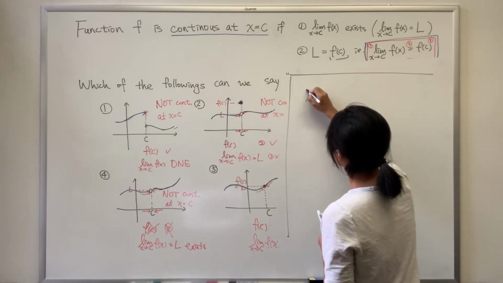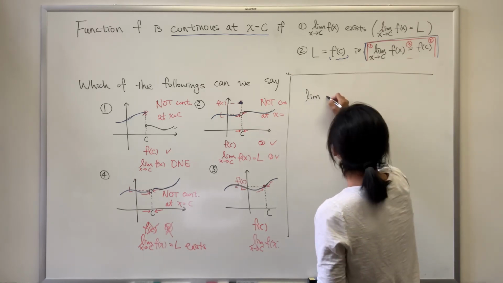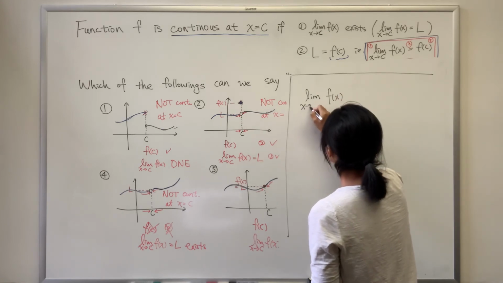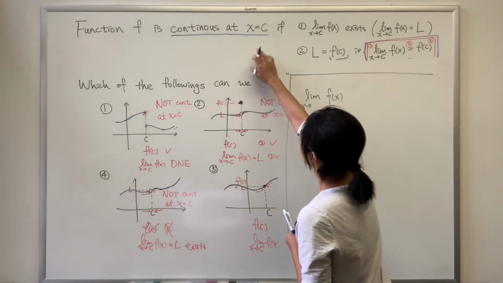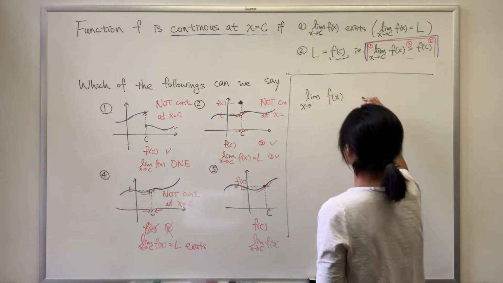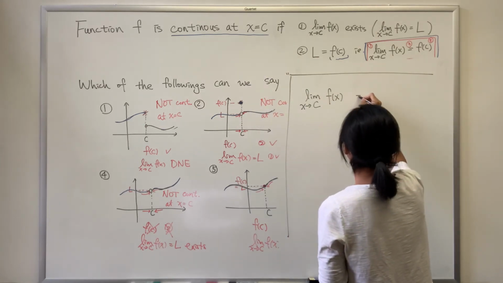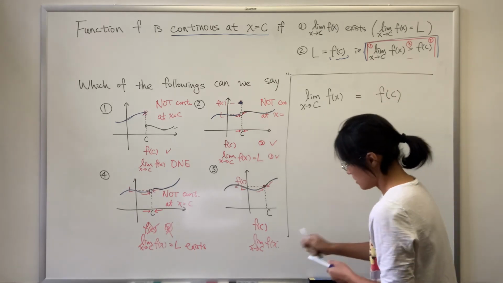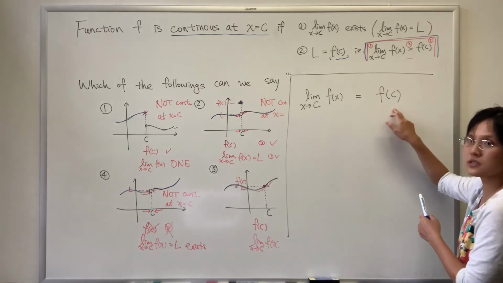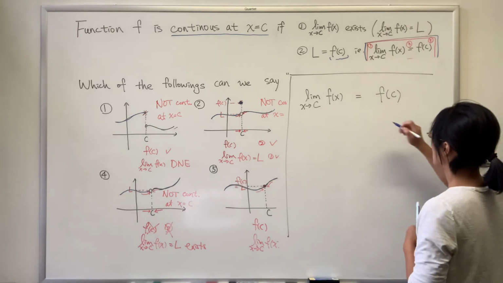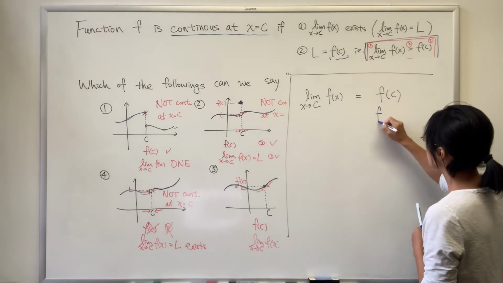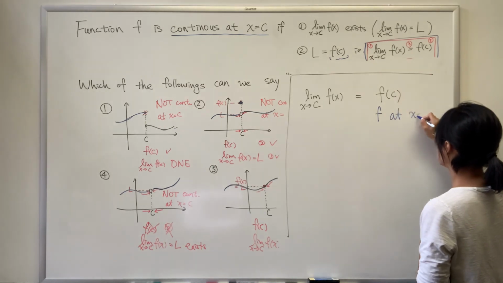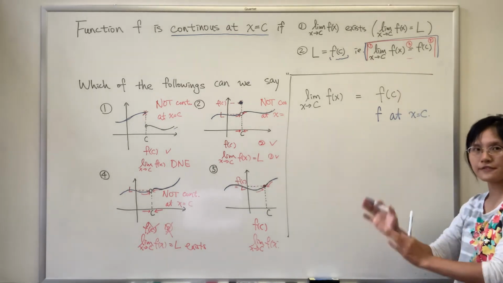So let us look again at the definition, or the condition, for f being continuous at c. Okay, so f of c is f at c, the f value at c.